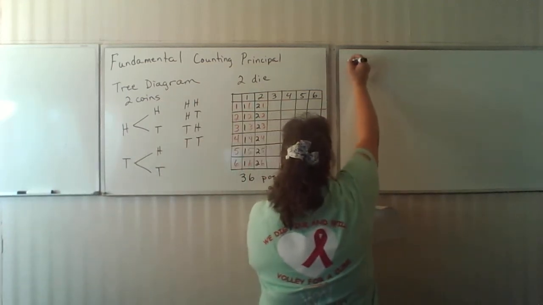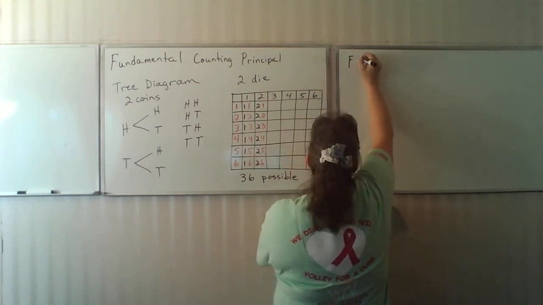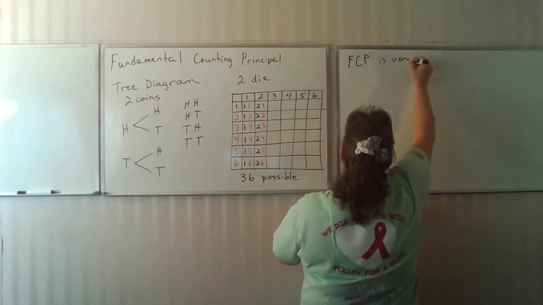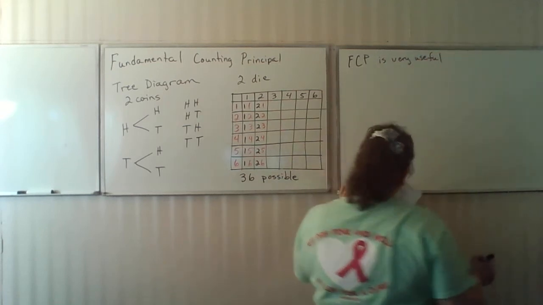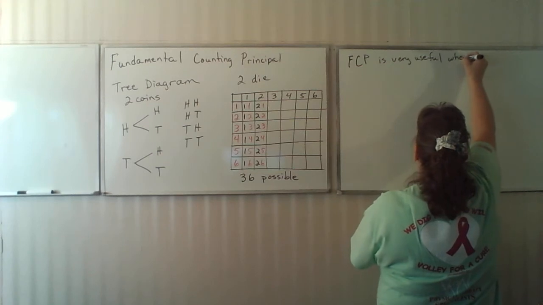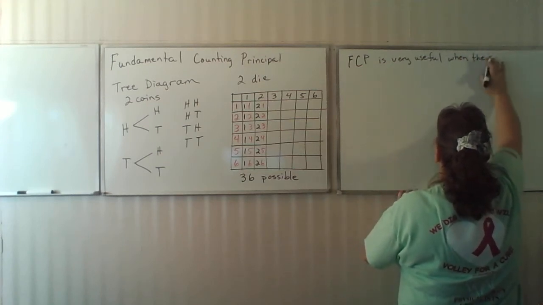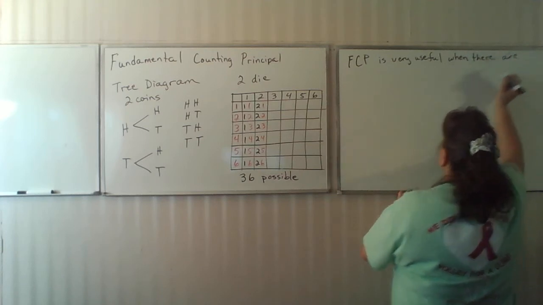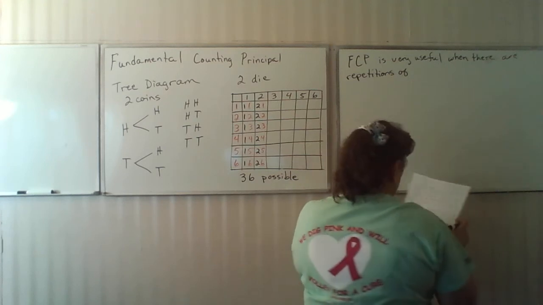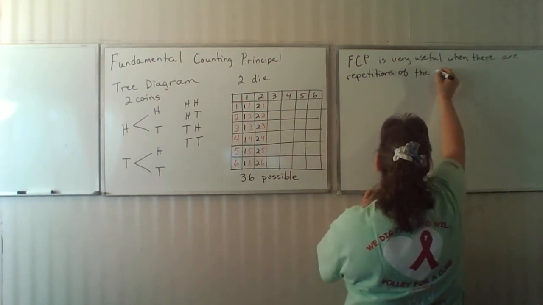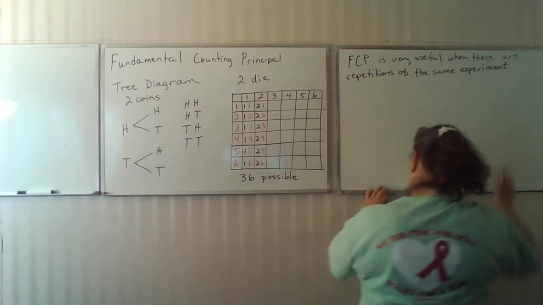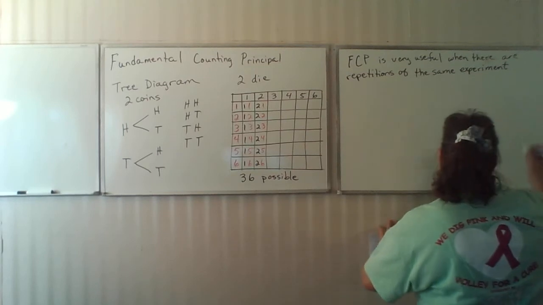Your fundamental counting principle, often referred to as FCP, is very useful when there are repetitions of the same experiment, or a sequence of experiments.